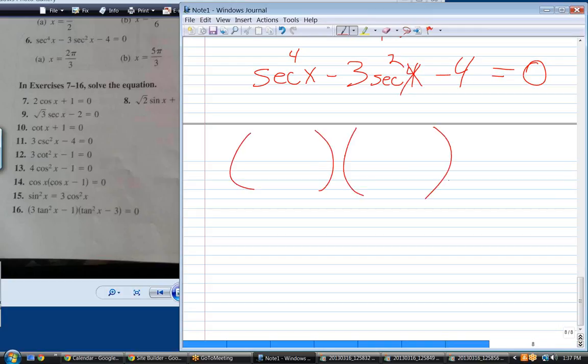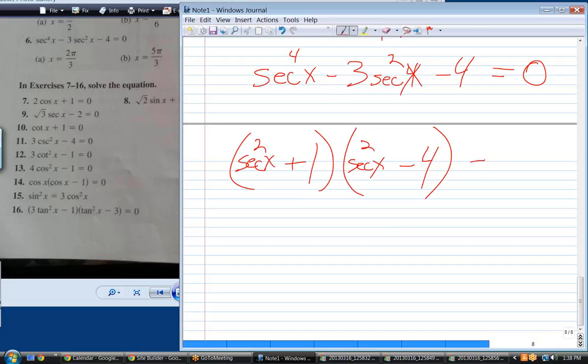So when we factor it, it's going to be secant squared x there, secant squared x there. We want plus minus because of this negative sign. We're going to want 4 and 1. I want the larger factor to go with the sign of the middle term, so the 4 goes there, the 1 goes there.